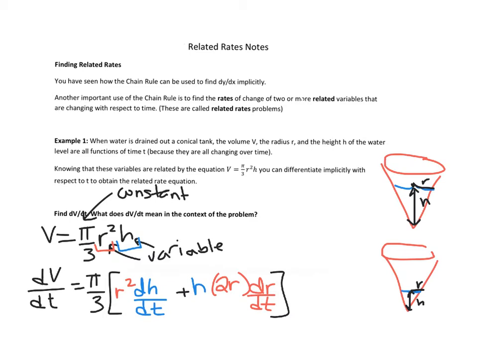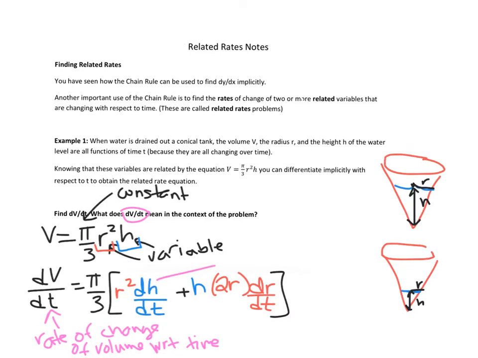So the next thing I asked you is, what does dV/dt mean in the context of the problem? In addition to asking what that means, I'm also going to talk about what dh/dt and dr/dt mean. So dV/dt means the rate of change of the volume with respect to time. I'm going to write it as WRT, that means with respect to, just so that I can abbreviate it a little bit.